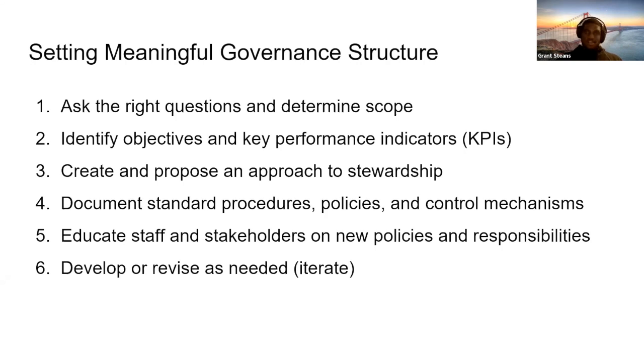And this can be done at the large grand-scale organizational level, but this is also done at the programmatic level. So for each program, what is the scope of the data that you're looking at? What are the things that you are doing to collect that data, and what type of insights can you gather from that data? That's step number two, identifying the objectives and key performance indicators for that program.